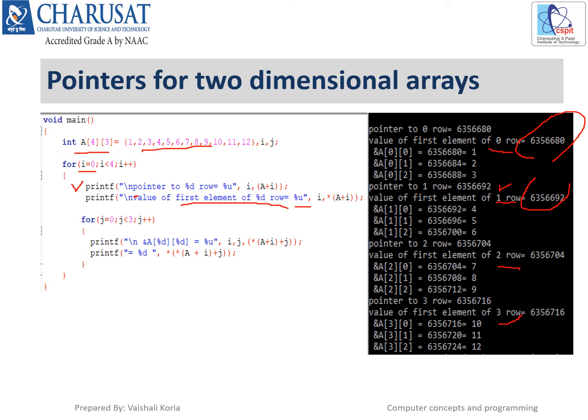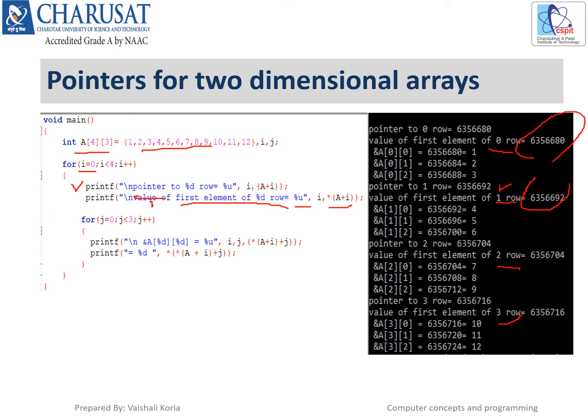So remember this, here it should be address. When you write *(a plus i), it will give you the address of the first element of the ith row. So when you write a plus i, it gives the address of the row. Also if you write *(a plus i), it will give you the address of the first element of the ith row.